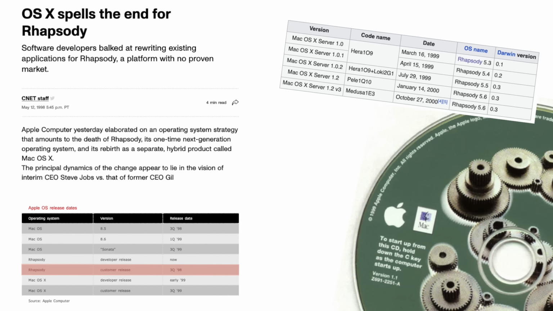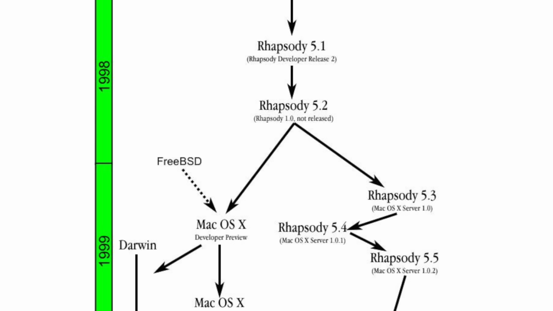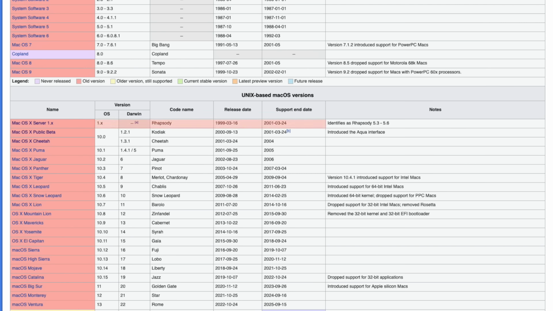Still, macOS Server 1.0 remained anchored in its Rhapsody and OpenStep roots, not receiving any of the major new developments happening all along in the parallel OS X stream. And Apple still supported it until 2001, the same year macOS 10 10.0 Cheetah officially shipped, marking the true beginning of the macOS as we know it today.